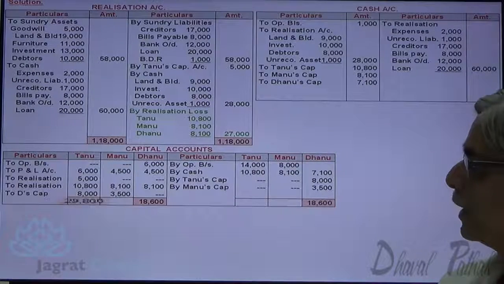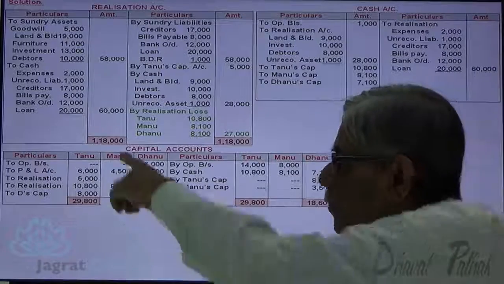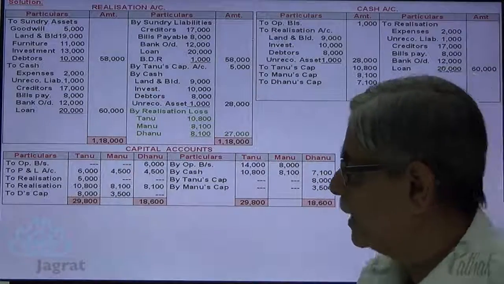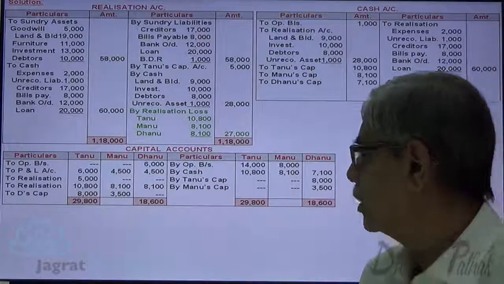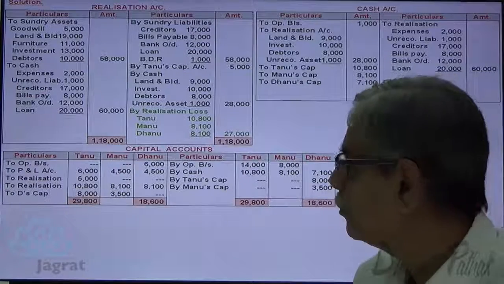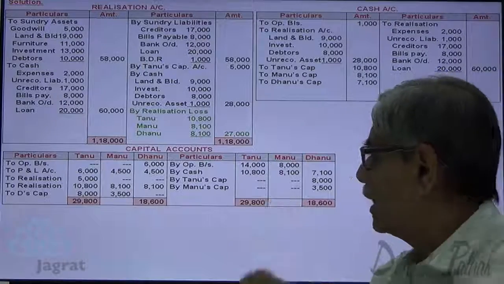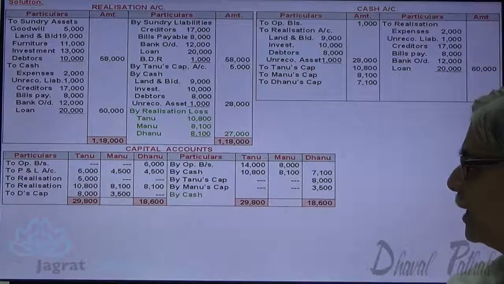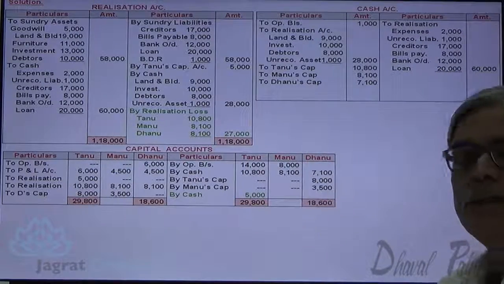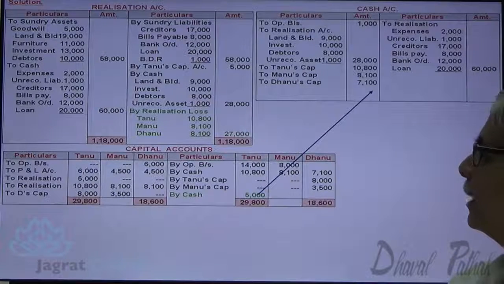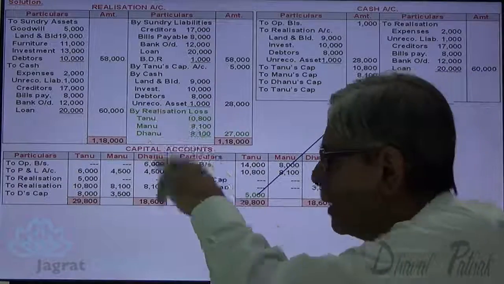Now so far as Dhanu is concerned, total of debit side is 29,800. So Dhanu is required to bring what amount? 29,800 minus 14,000 minus 10,800. He has to bring 5,000 cash. Cash account debit to Dhanu's capital account credit. Now look at Dhanu's capital account.